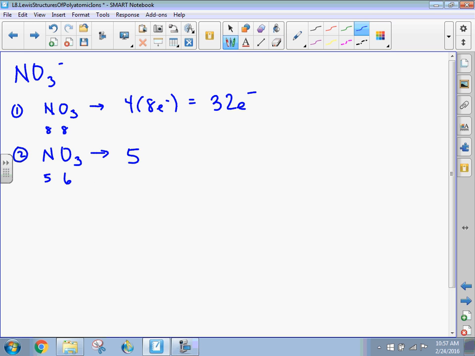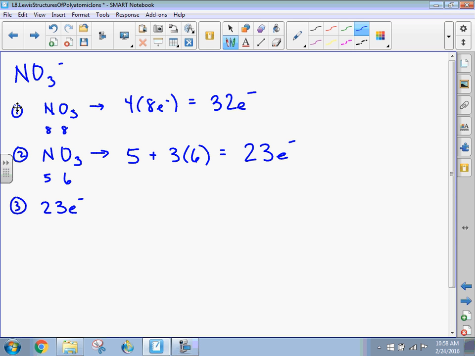So that would be 5 plus 3 times 6 because there's 3 oxygens. 3 times 6 is 18 plus 5 is what, 23? 3 times 6, 18, plus 5 equals 23. I'm not good at mental math. 23 electrons. So step 3, we've got 23 electrons, and then you have to consider your charge.